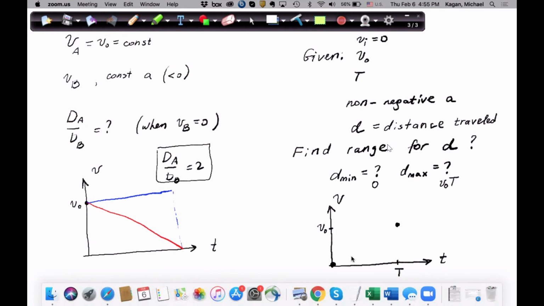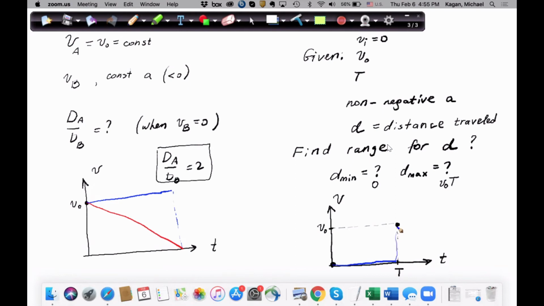Notice acceleration is never negative. That means we cannot overshoot, right? We always go up, or at least we never go down. That's important. So we're basically confined within this rectangle. And then, as you correctly said, the minimum area would be if you go at 0 speed, and then at the end you get a kick.